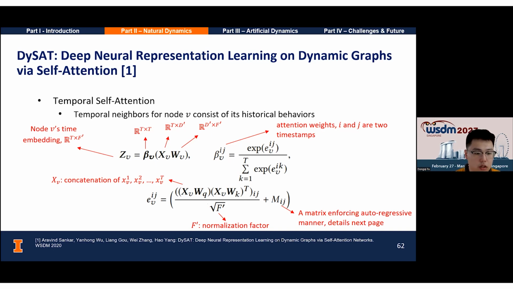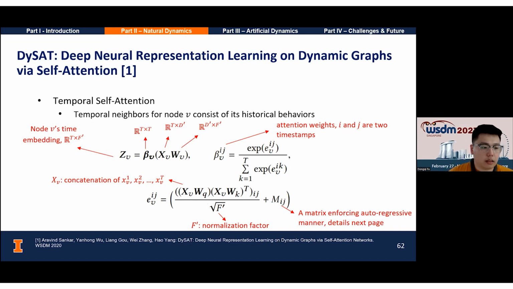After we get the initial attention weight e_v^ij, we smooth it across all the time steps to get the attention weights, denoted as beta_v^ij, which is the attention weight from time step i to time step j. From beta_v^ij, we have beta_v as the matrix whose dimension is T times T. We have x_v as the node feature, T times the input dimension, and W_v is the input dimension times the output dimension.